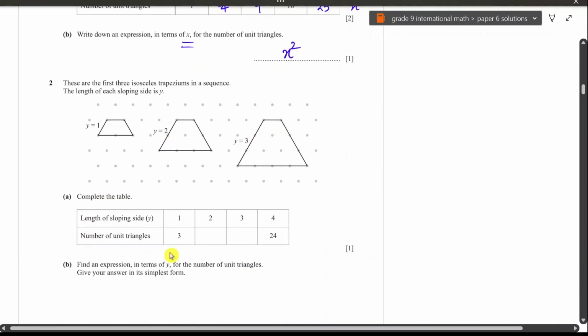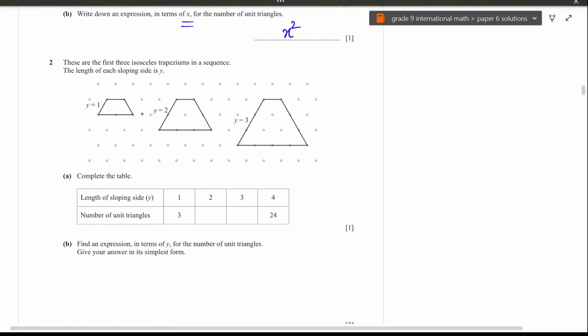If we just count the number of unit triangles here, in the first one this is 3. The second one, let's check: 3, 4, 5, 6, 7, and 8. I can just count again: 1, 2, 3, 4, 5, 6, 7, 8. So there are 8 here.